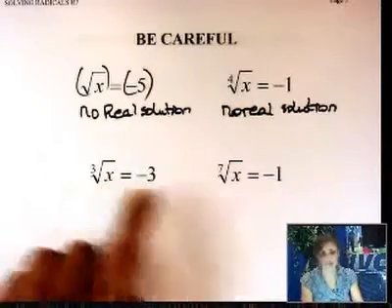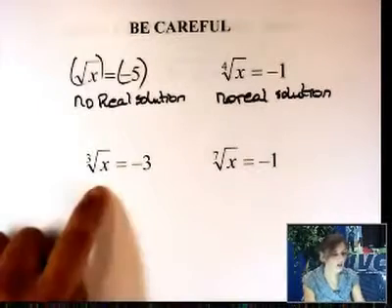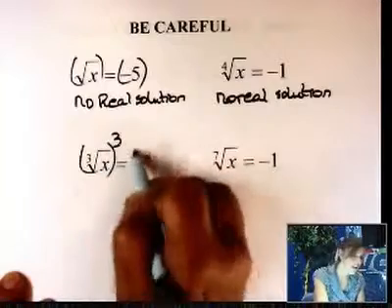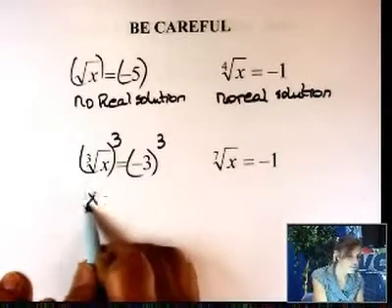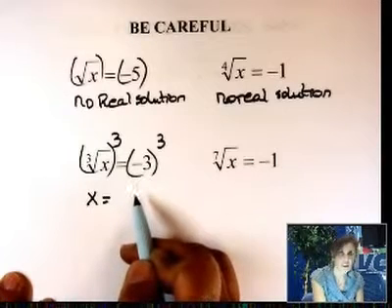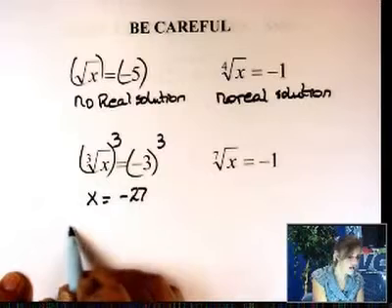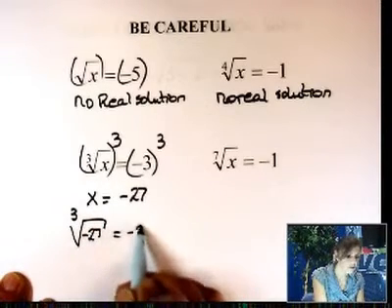How about odd roots? Can that work? Yes, it can. An odd root can be a negative number, so you can actually go ahead and do this problem. So x equals negative 27. And you can check, is the cube root of negative 27 negative 3?